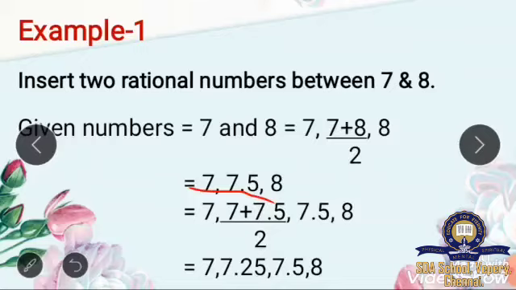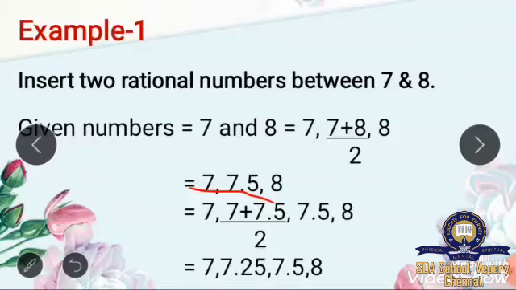So we get (7 plus 7.5) divided by 2. 7 plus 7.5 is 14.5, divided by 2, we get 7.25.